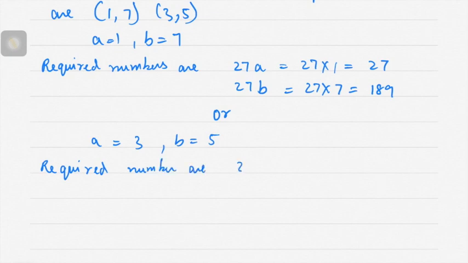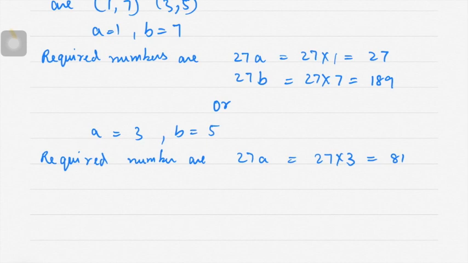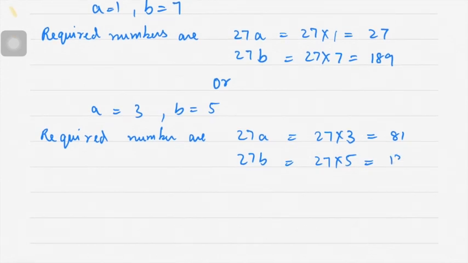Required numbers are 27A, which is 27 into 3, which comes to 81. And 27B, which is 27 into 5, which comes to 135. So the two numbers are 27 and 189, or 81 and 135.